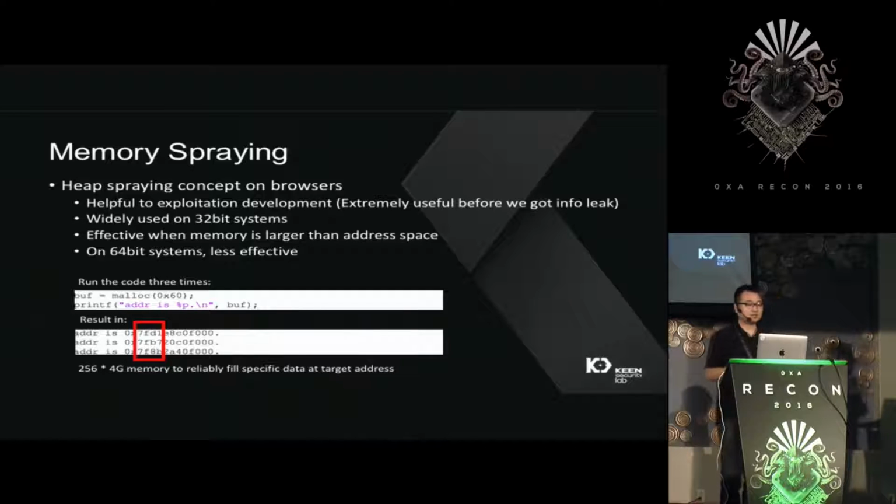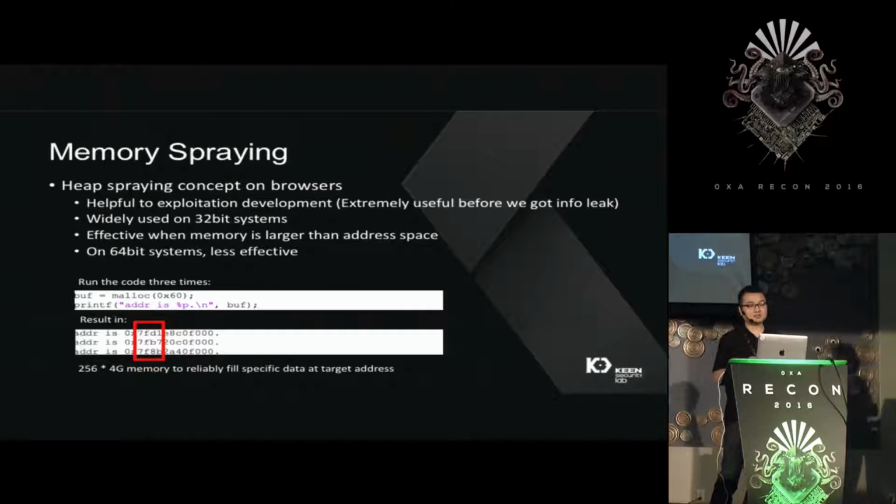Another thing that I need to think about is memory spraying. What reminds me is the heap spray on the browser side, which is extremely reliable, especially on 32-bit systems, because the memory at that time was much larger than the address space.